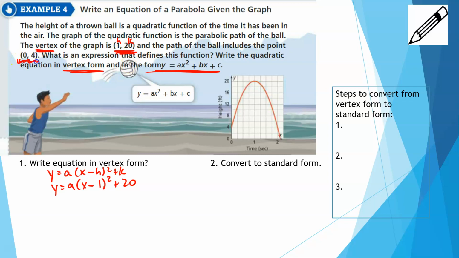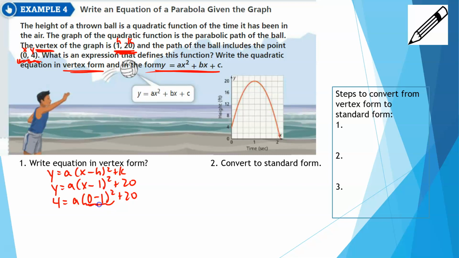And then next I plug in 0 and 4 for my x and my y. Again, you can do those in the same step. Sometimes students just get confused if they're plugging too many things in at one time. So I get 4 equals a times 0 minus 1 squared plus 20. Now when I look at this, I have 0 minus 1, which is negative 1. Negative 1 squared is positive 1.